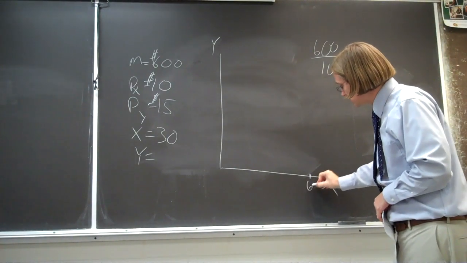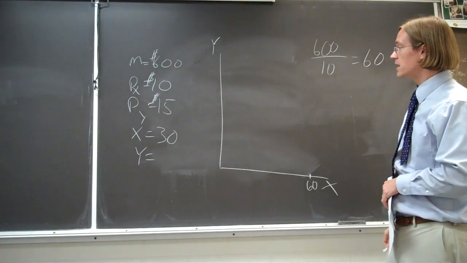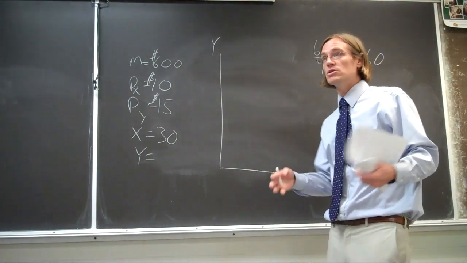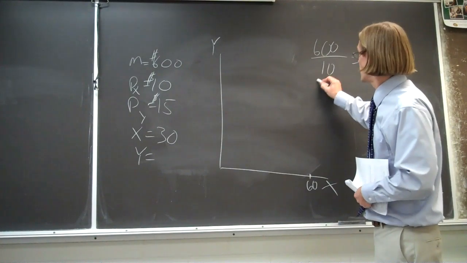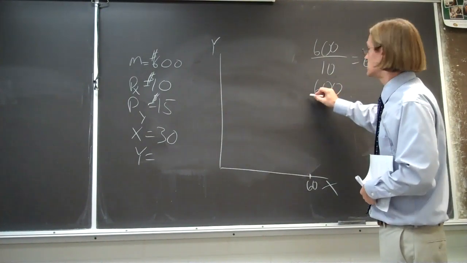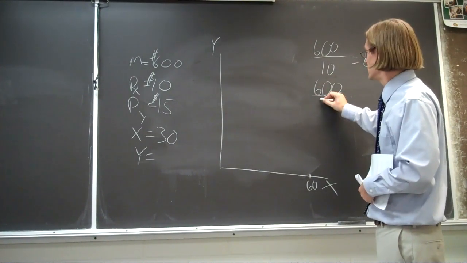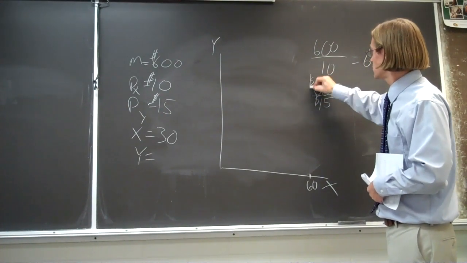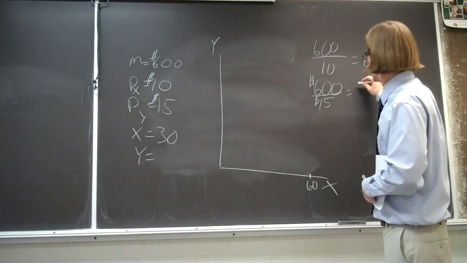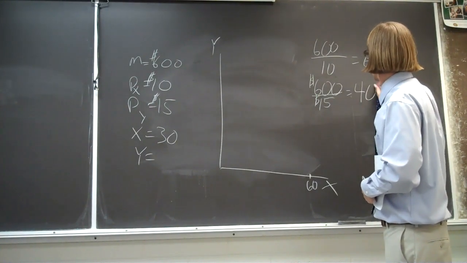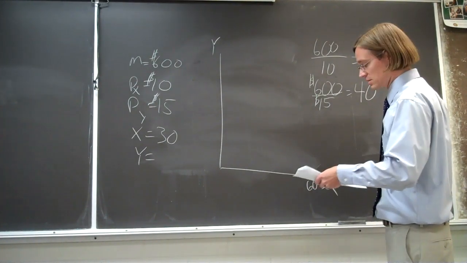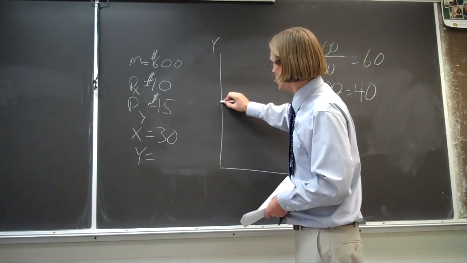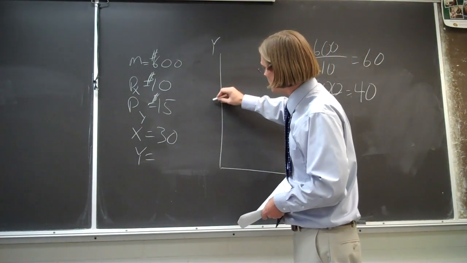And so I can plot 60 units of good X, and then I can do the same thing for Y. What if I spent all of my money on good Y? If I've got $600 and it's $15 a pop, I should be able to purchase 40 units. So 40 units of Y, we can graph that endpoint.